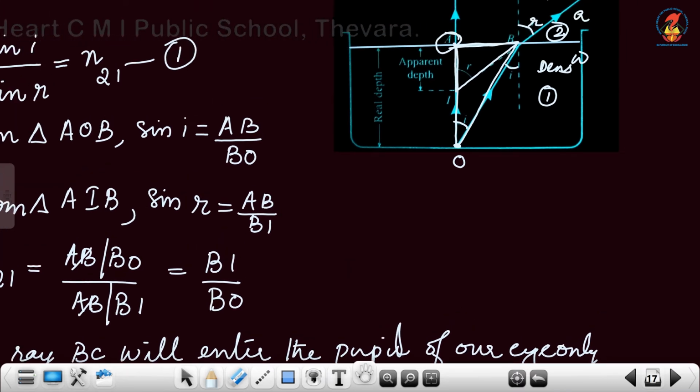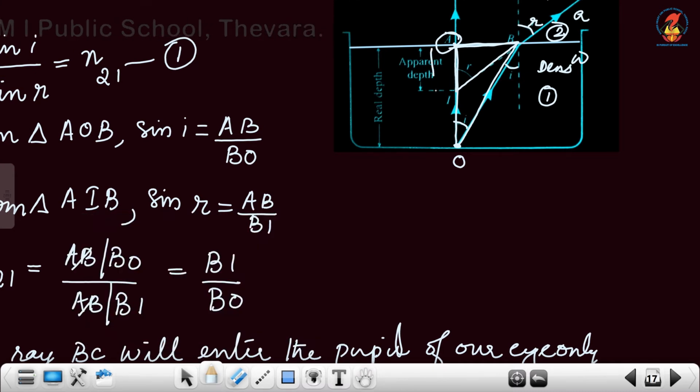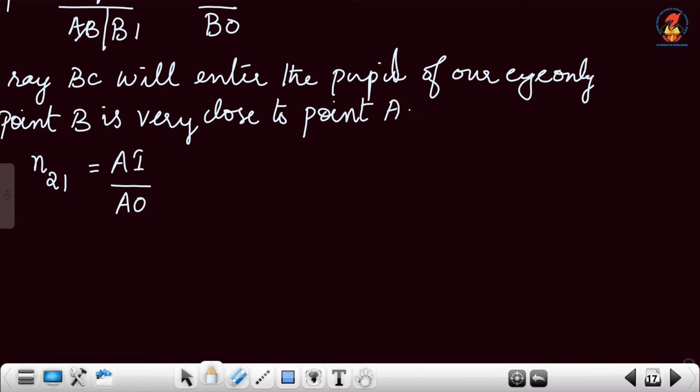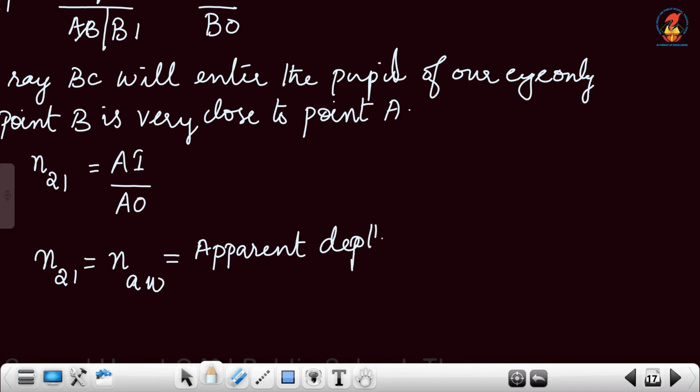Now, if you look into this diagram, you can see AI is the apparent depth and AO is the real depth. So you can write n21, that is the refractive index of air with respect to water, is equal to apparent depth divided by real depth.